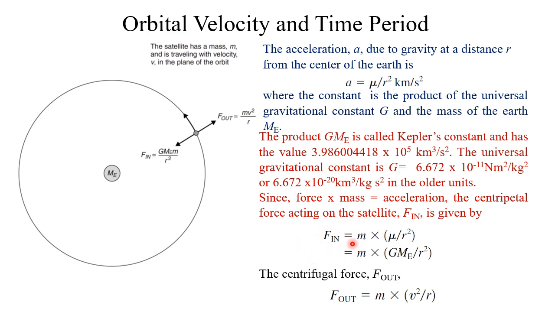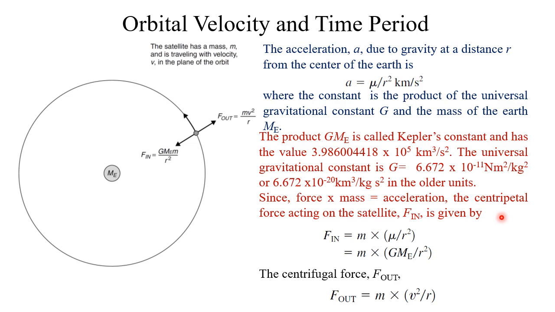So the expression for the inward force is this, and the expression for the outward force is this. Now this G into Me, that particular constant, is called the Kepler's constant with this much value, and the universal gravitational constant G has this value.